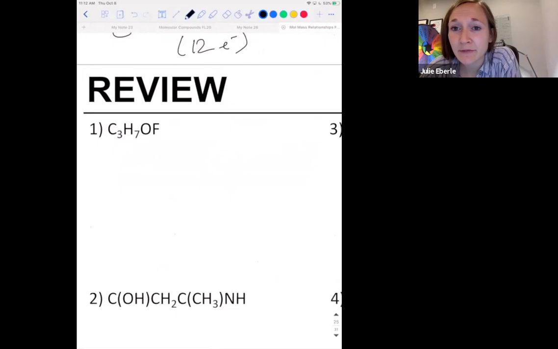And we may get different valid structures here. There's probably more than one way to draw this.